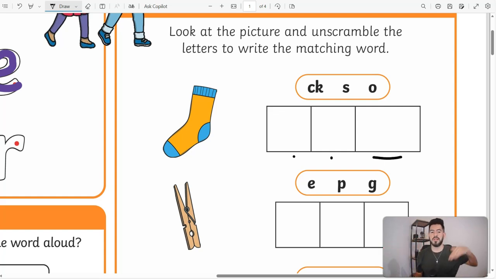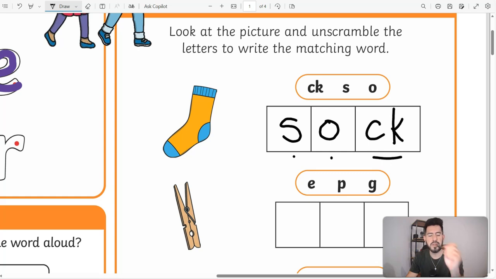We start with number 2 and number 3. So that will make s, o, k. So again, you should write it there, okay? Write it as neat as you can, like this, okay? You can use this spelling if you want.